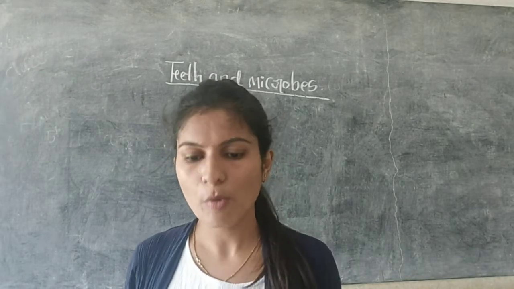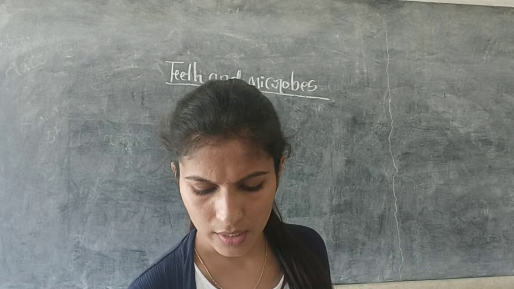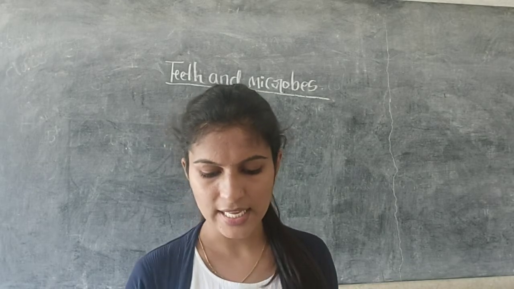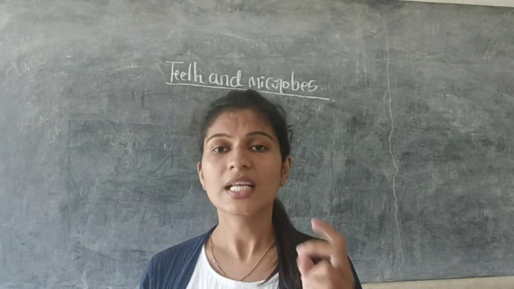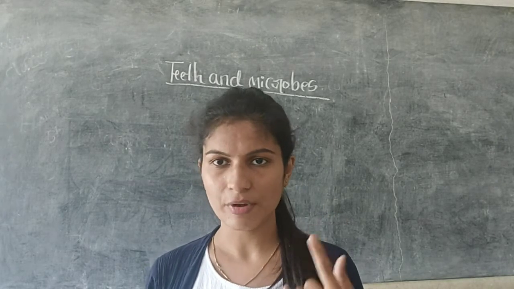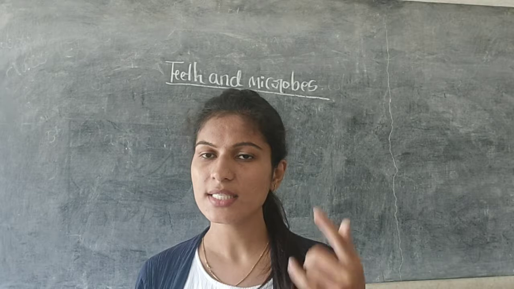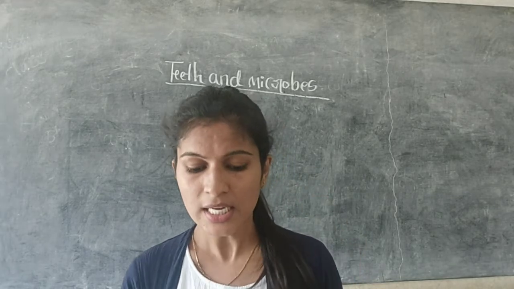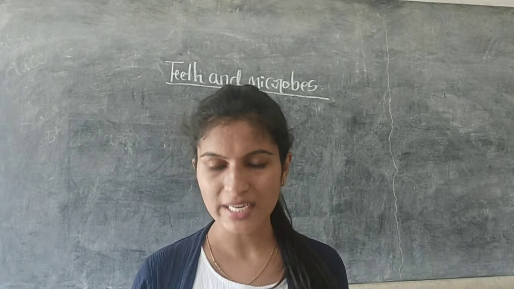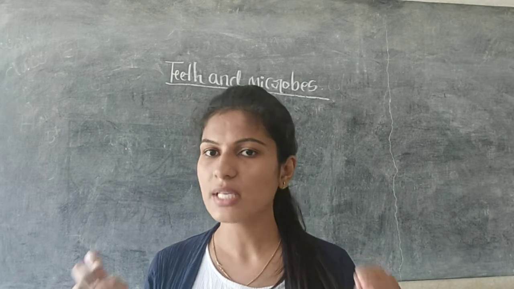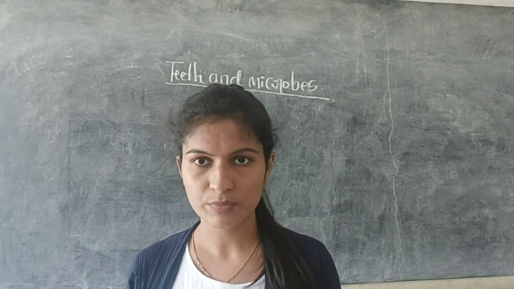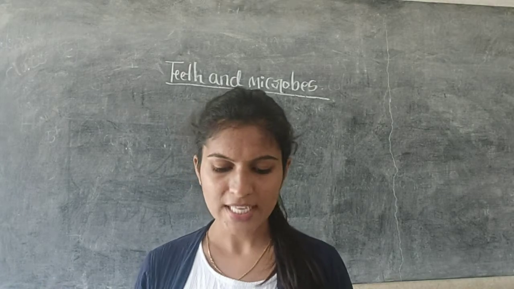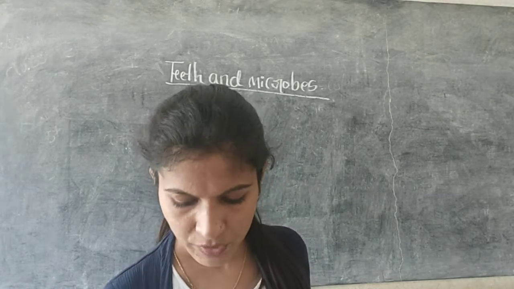Next, canines. There are 4 canines in our mouth in total. The upper jaw has 2 canines and the lower jaw has 2 canines. Canines are also called tearing teeth, because we use them to tear the flesh and the tough foods that we eat. Next, premolars.